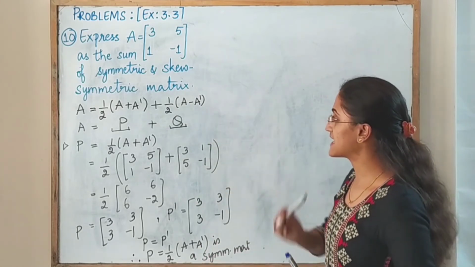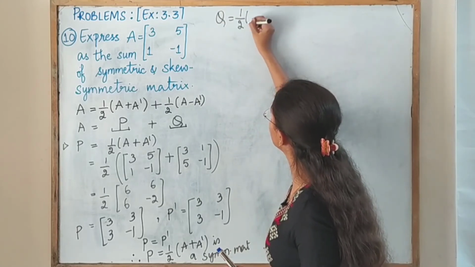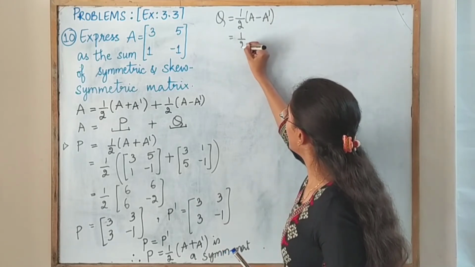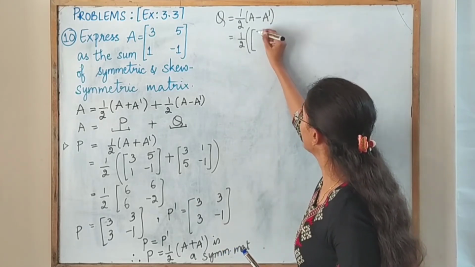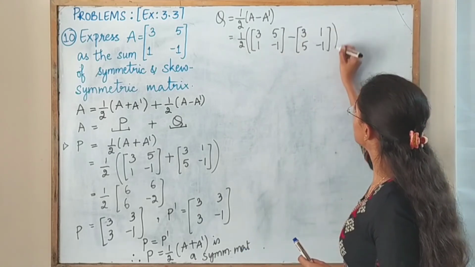Now consider the second part, that is Q, which is equal to half into (A minus A'). Now half into the matrix A minus its transpose.